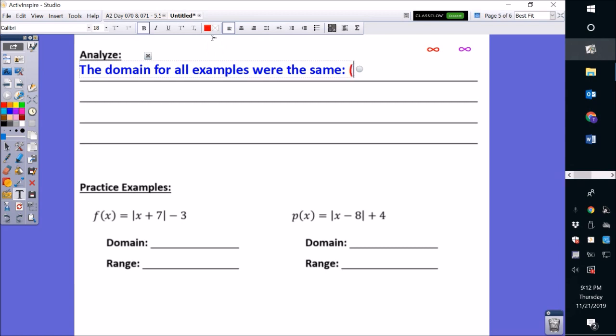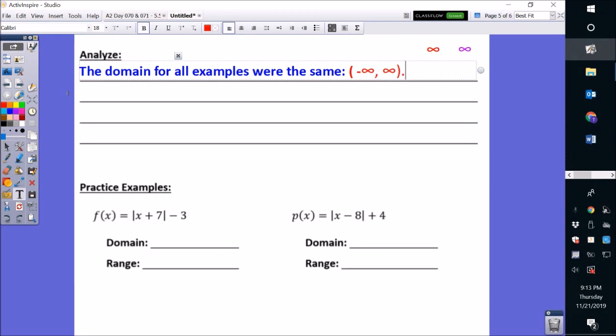It started off with parentheses, negative infinity, comma, and ended with infinity, close parenthesis. So domain for all examples were the same, negative infinity to infinity.